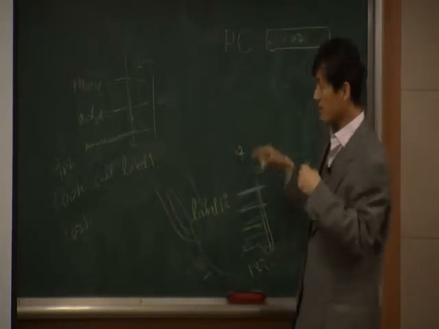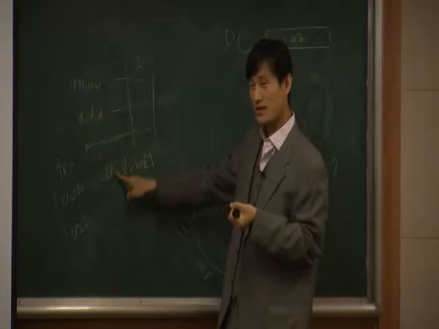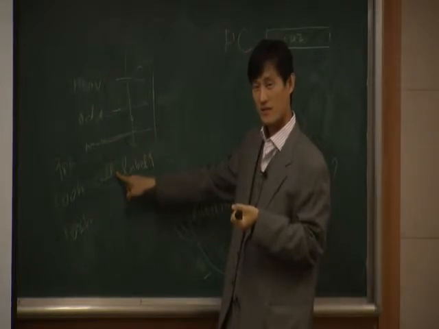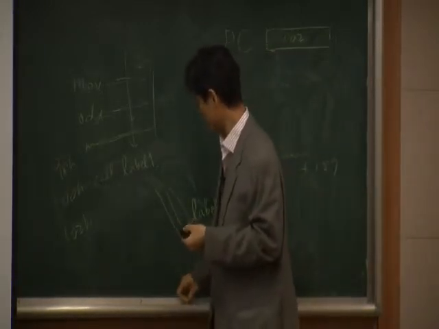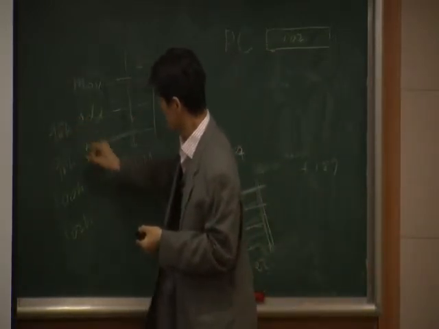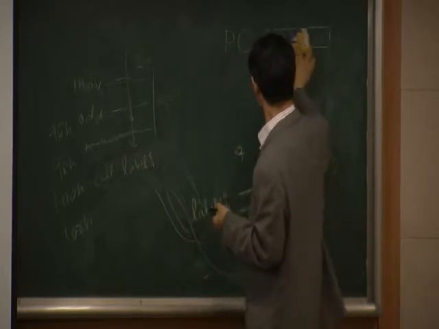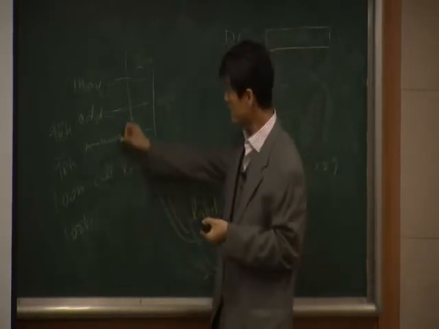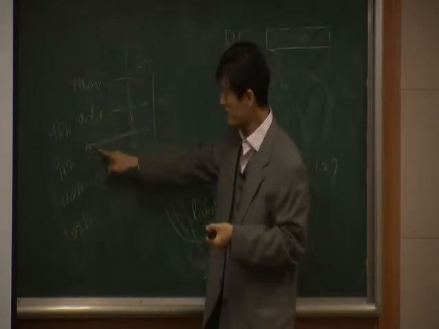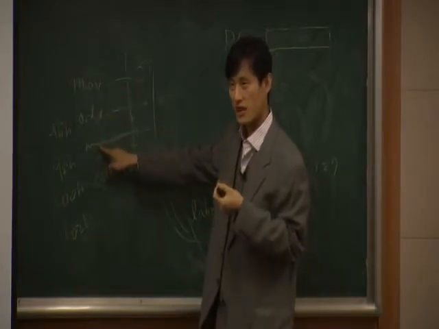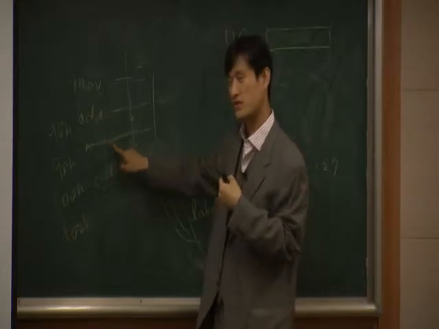But what happened is this actually is a call instruction. Let me move back a little bit. Let's think about this one first. I execute this one, and this is my current instruction. I'm trying to execute the move instruction.